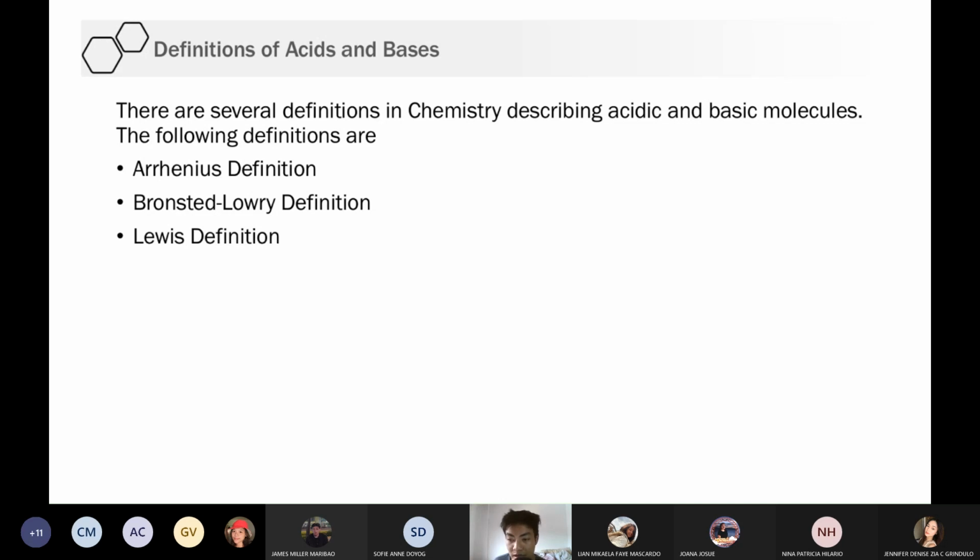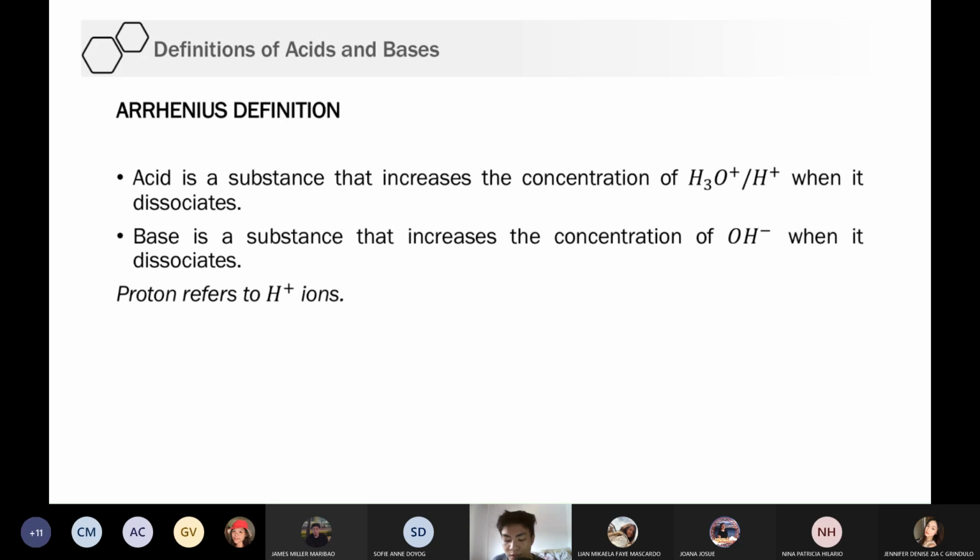So, let's talk about Arrhenius definition. So, according to Arrhenius, an acid is a substance that increases the concentration of hydronium ion or proton when it dissociates. And bases are substances that increase the concentration of hydroxide when it dissociates.